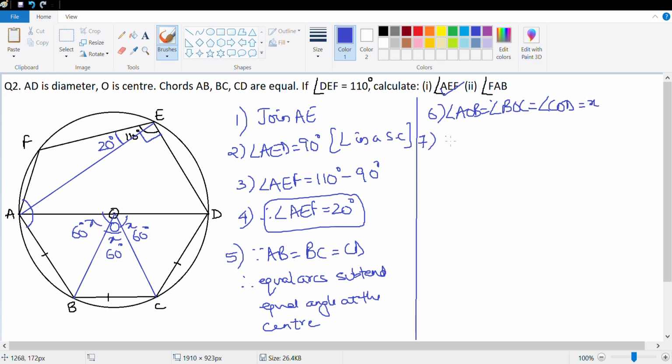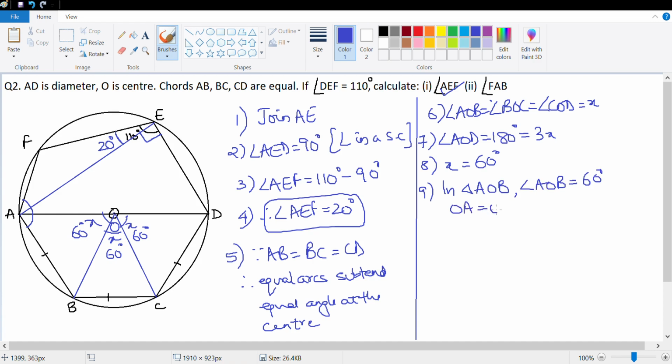In this case, angle AOD is equal to 180 degree is equal to 3x, which means x is equal to 60 degree, which means in triangle AOB, angle AOB is equal to 60 degree and OA is equal to OB. Reason is these are radii of the same circle.